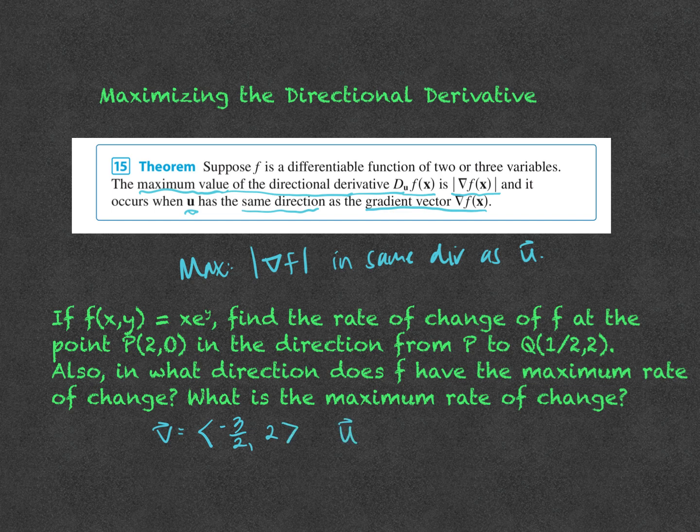And then our unit vector is v, which is negative 3/2, 2, over the length of v, which is the square root of 9 over 4, since 3 squared is 9, plus 2 squared is 4. Adding those, we get 25 over 4.